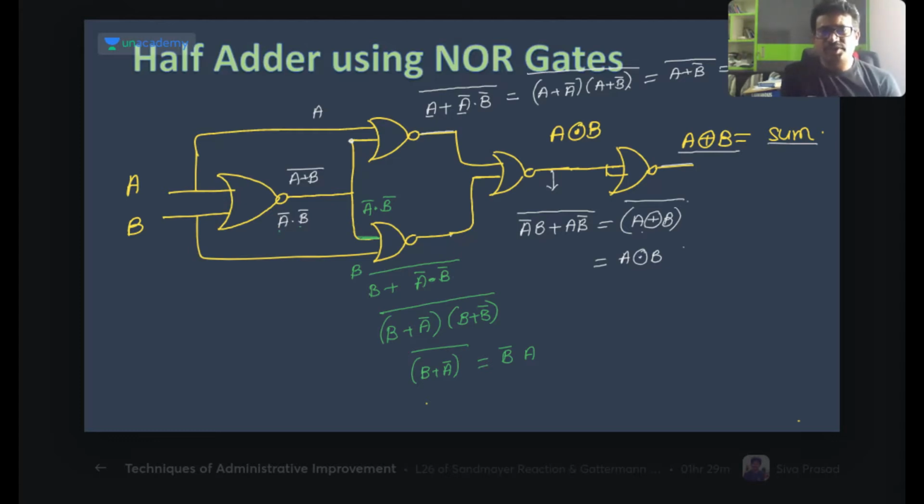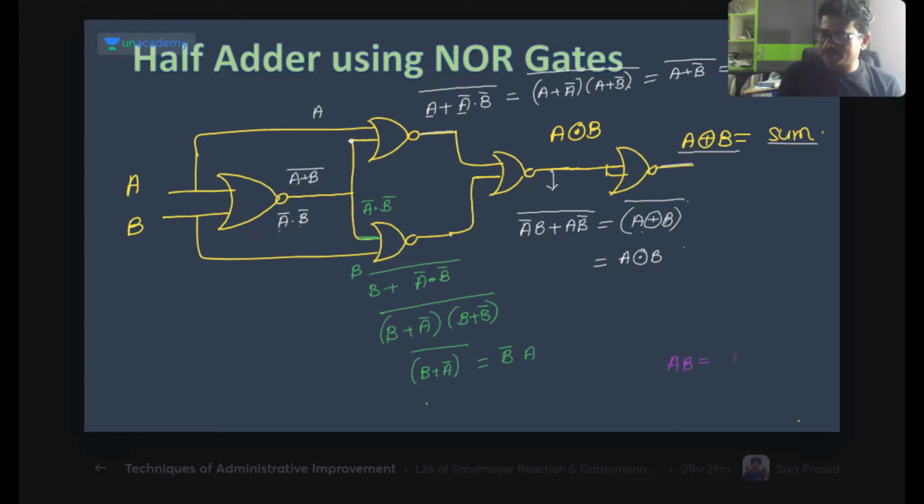Now, where can we get this as A into B? Where will we get this as carry, A into B? This is AB required now here.